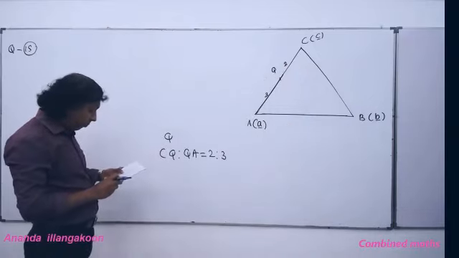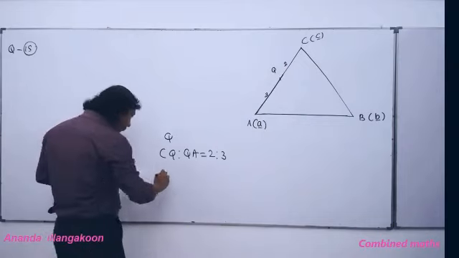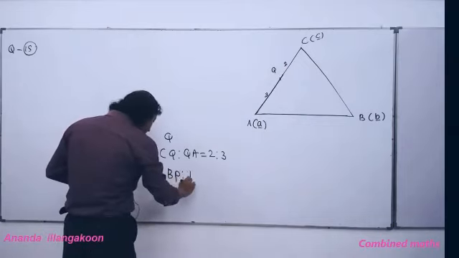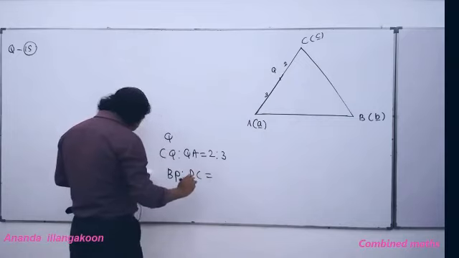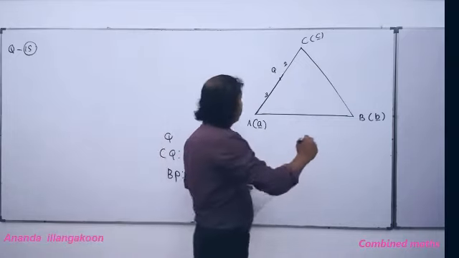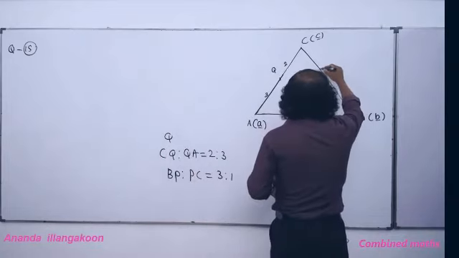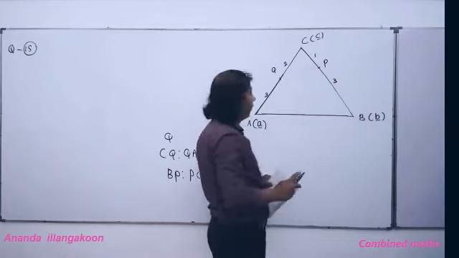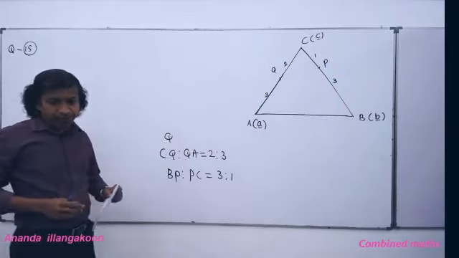Point P is on BC such that BP is to PC 3:1. The ratio is 3:1, people. Okay.